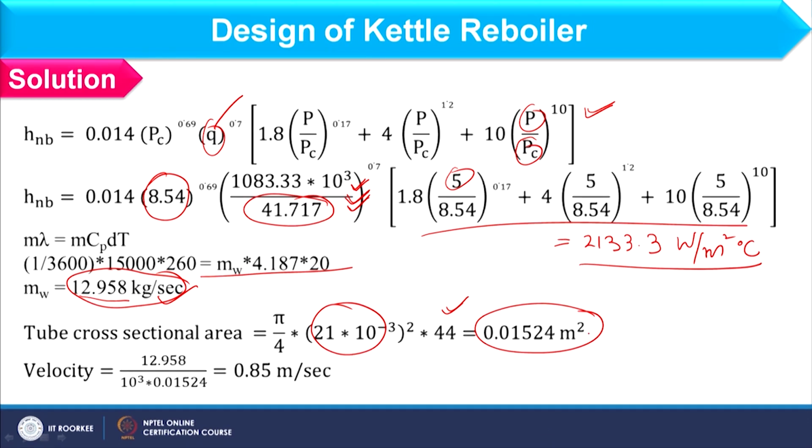Now, once you have this mass flow rate, you can find the volumetric flow, divide it by the area per pass, and then you can find the velocity as 0.85 meter per second. Whatever velocity you obtain, just take this value as it is. We should not check it against a permissible limit, because we are dealing with a 1-2 pass.